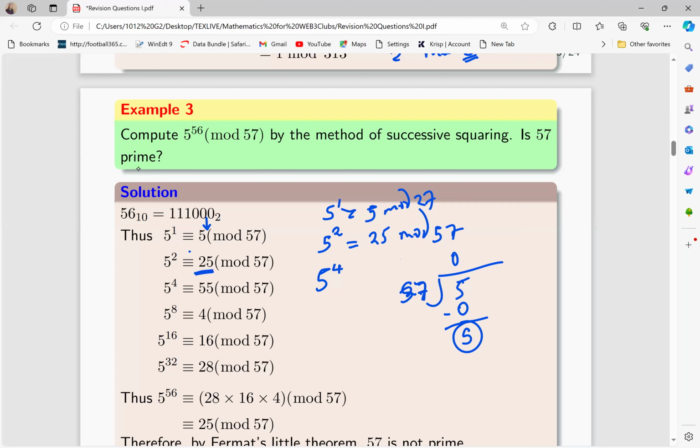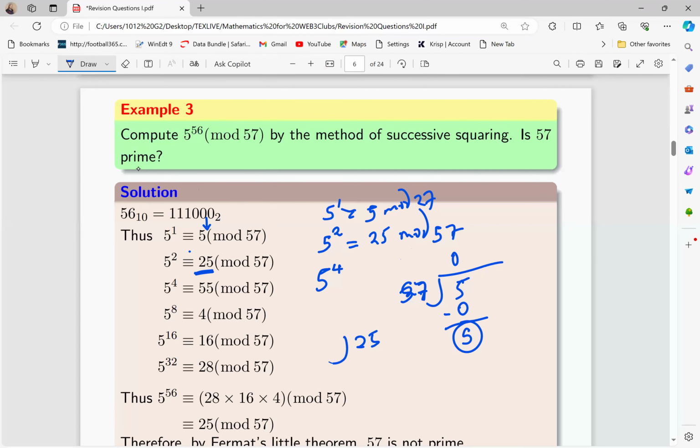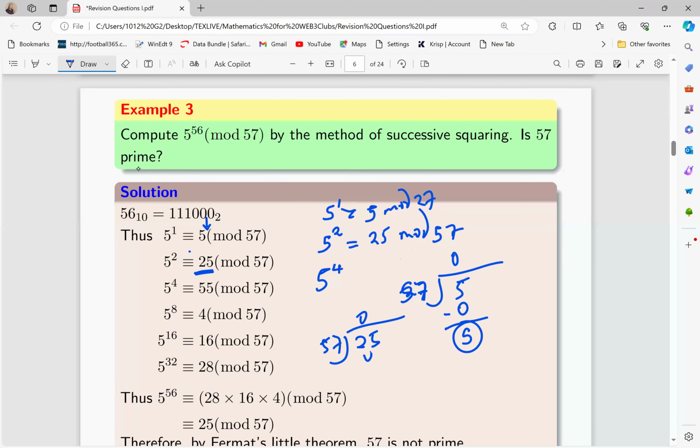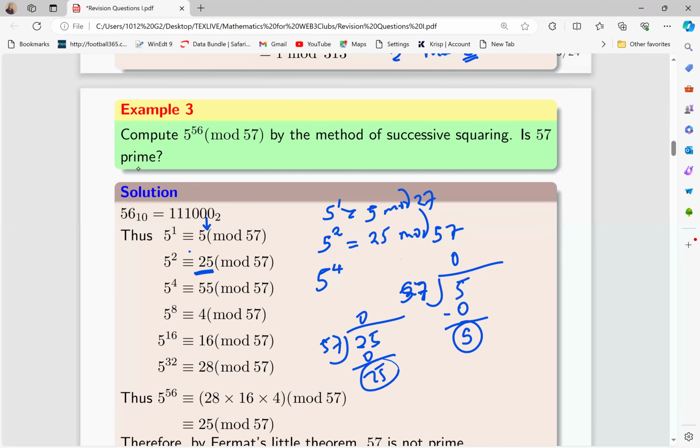It's the same for this. Well, that will be 25. But then we ask ourselves, if 57 would go there, what would be the remainder? The remainder is what we write. So the remainder will be this 25. So when the number is smaller than the mod, the remainder and that number coincidentally are the same. But what we write is always a remainder.